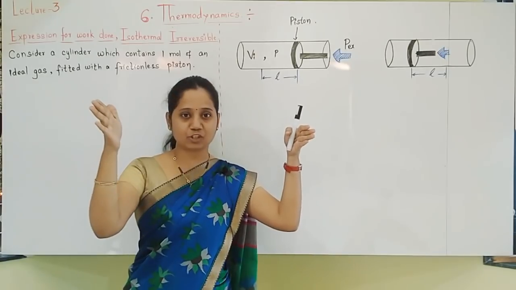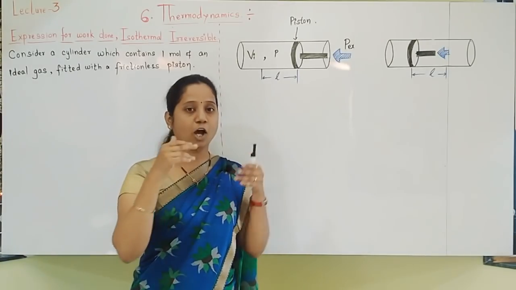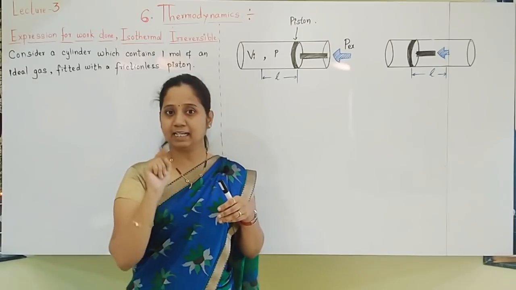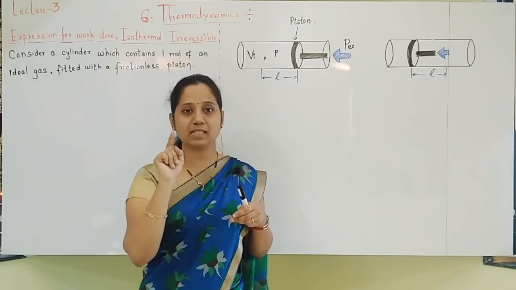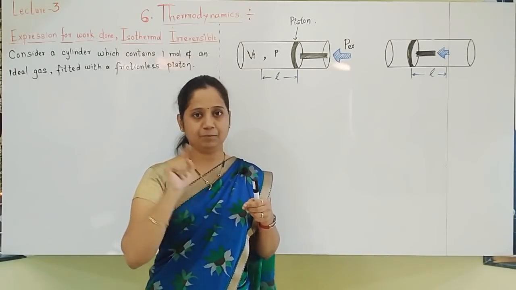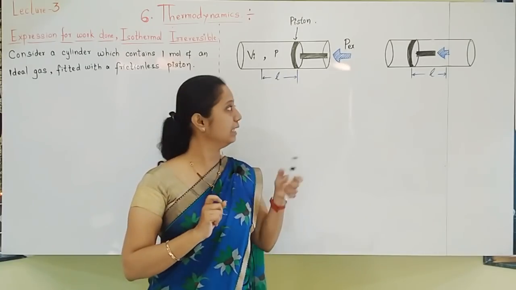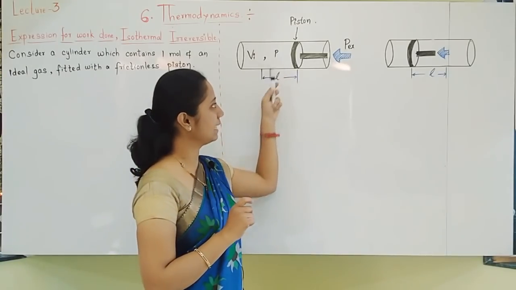Now we'll apply pressure. The piston moves inside till P external becomes equal to P internal. Both pressures should become equal. That much the piston will move inside.